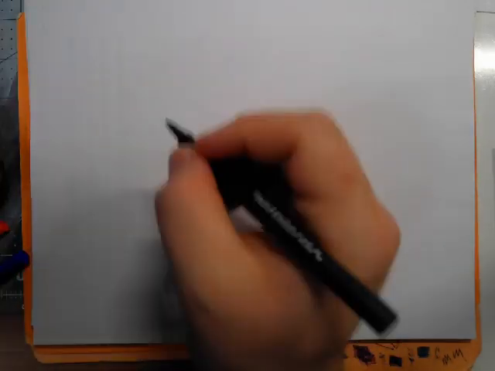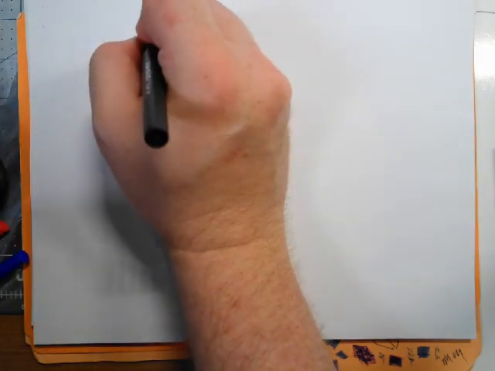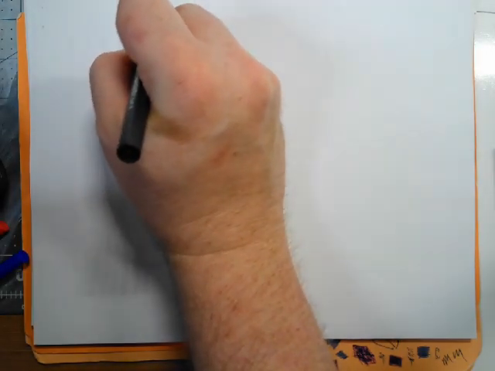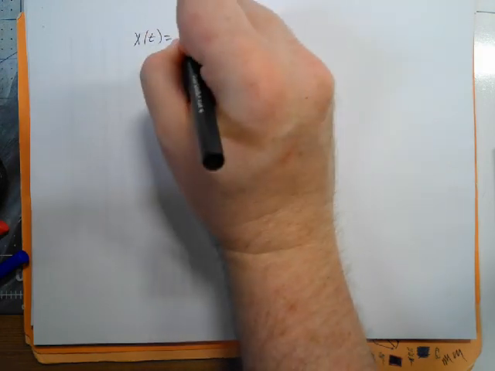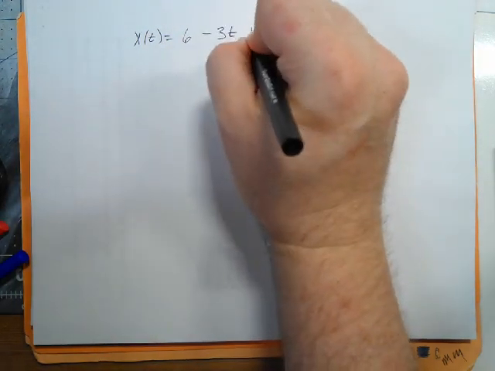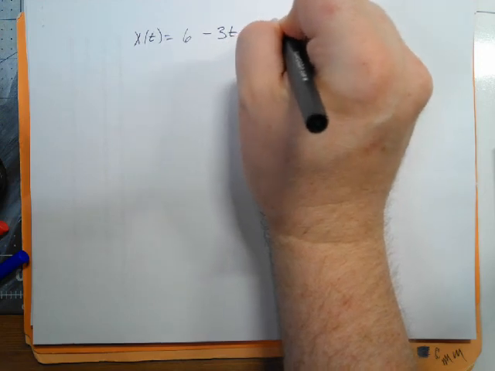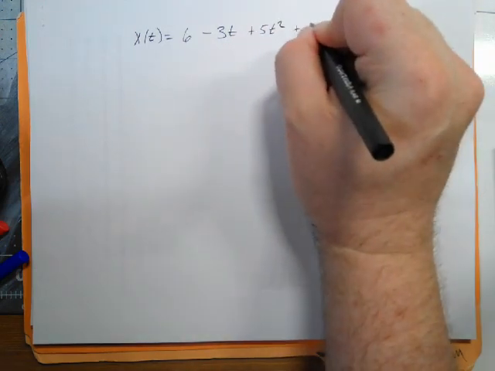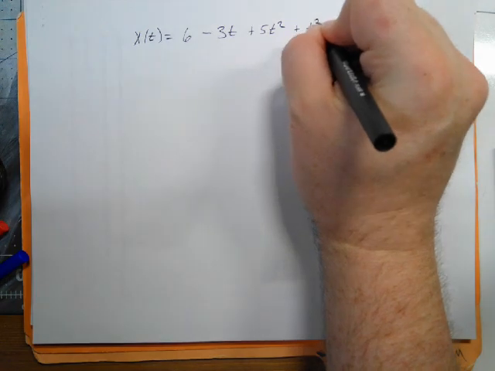So, that said, let's do another problem. I've got 5 more minutes that I'd like to spend on this. Let's say that x of t is 6 minus 3t plus 5t squared plus t cubed.